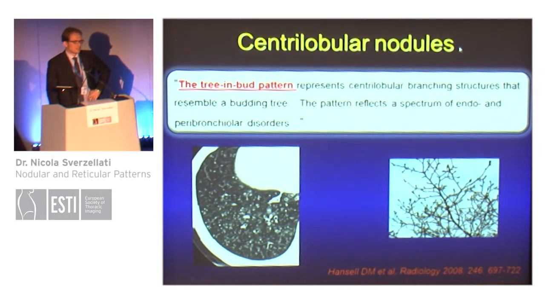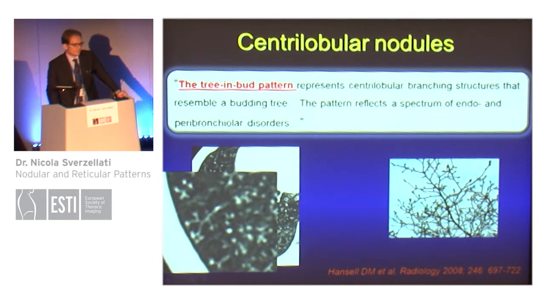This is the most common type of centrilobular nodules. The tree-in-bud pattern represents, by definition, centrilobular branching structures that resemble a budding tree. So these opacities look like a magnolia, and the pattern reflects a spectrum of endo and peribronchial disorders.